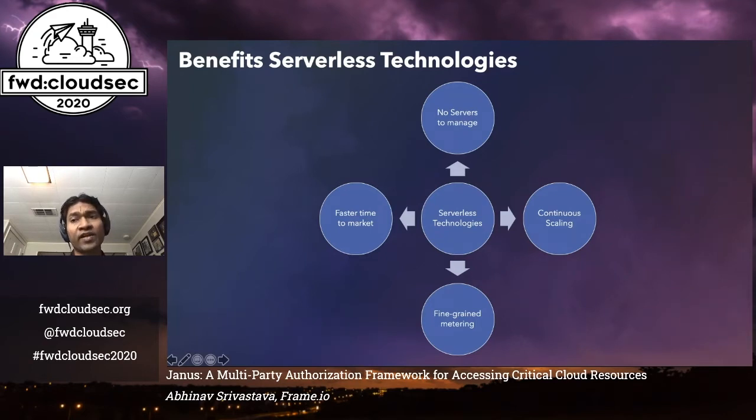It is also very cost effective because we pay on each invocation, right? So anytime Janus is invoked, then all these systems will be used, and that's when we have to pay the cost. We don't have to have running VMs and containers all the time. And finally, it's a faster time to market by just focusing on the logic. We don't have to worry about runtime, software development, and setting up development environment and so on.